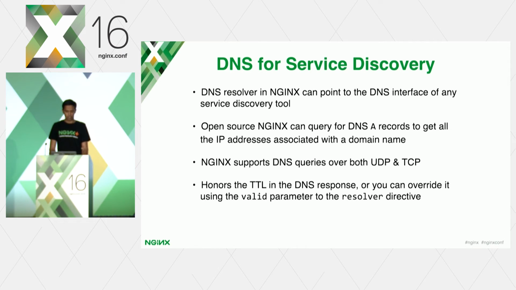We can also honor the TTL in the DNS response, but you can override it using the valid parameter, which I'll show later in a sample config file, along with the resolver.